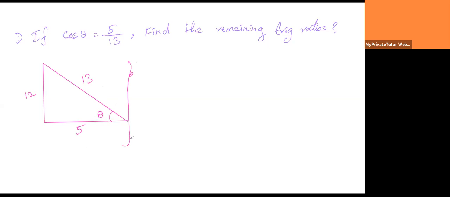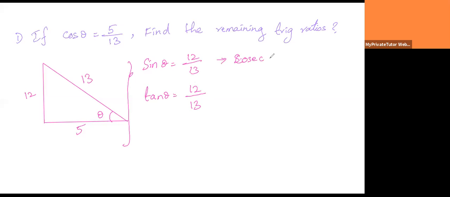So once you did that, please go ahead and find the other ratios, which is sin 12 by 13, and cos is already given. So find tan, which is 12 over 5, and what else?